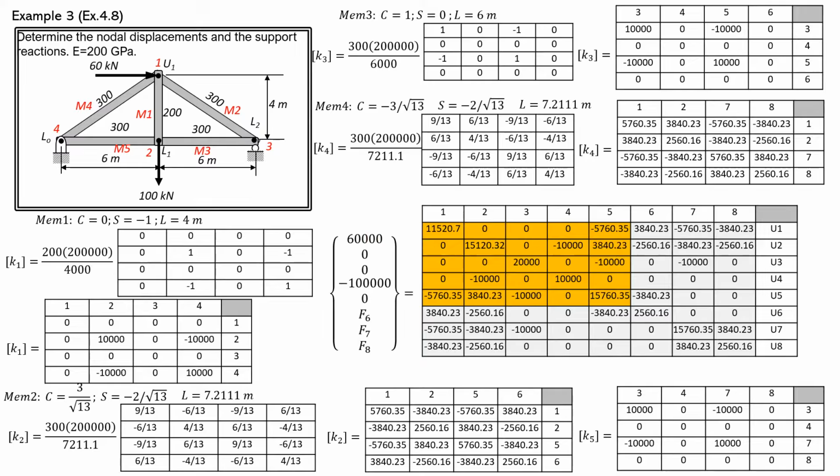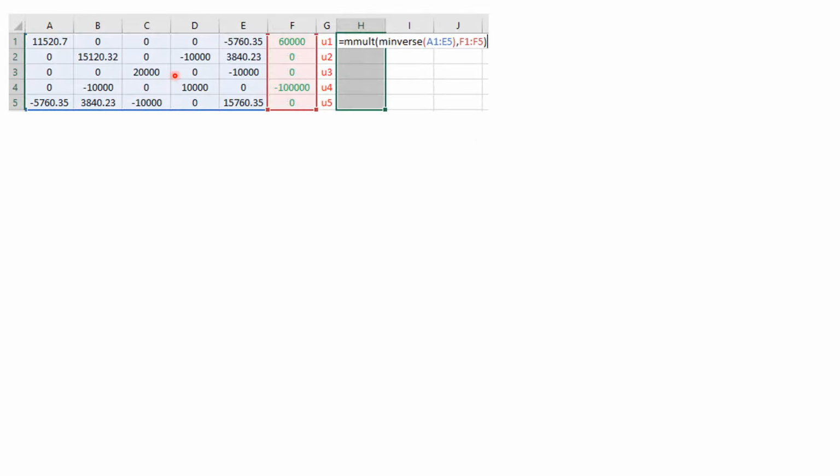So we'll do this by using this board clip from Excel. This is the 5 by 5 matrix, and this is the force matrix in column. We're going to multiply the inverse of this 5 by 5 matrix with this column matrix.